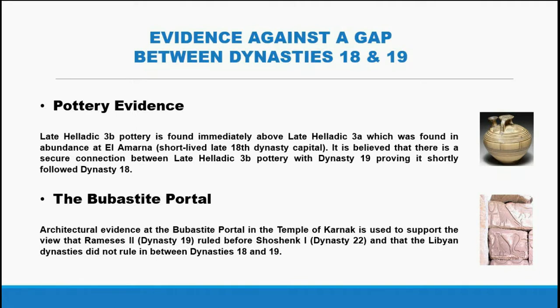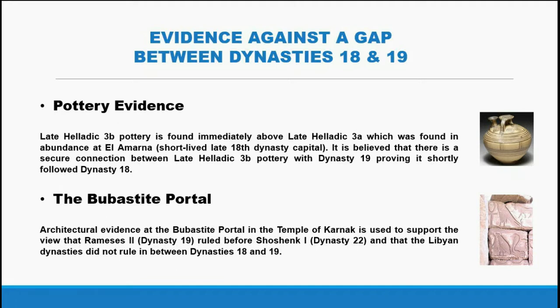Now, the connection between late Helladic 3A pottery and Dynasty 18 is very solid, given the abundance of it found at Amarna. But just how solid is the connection between late Helladic 3B and Dynasty 19?